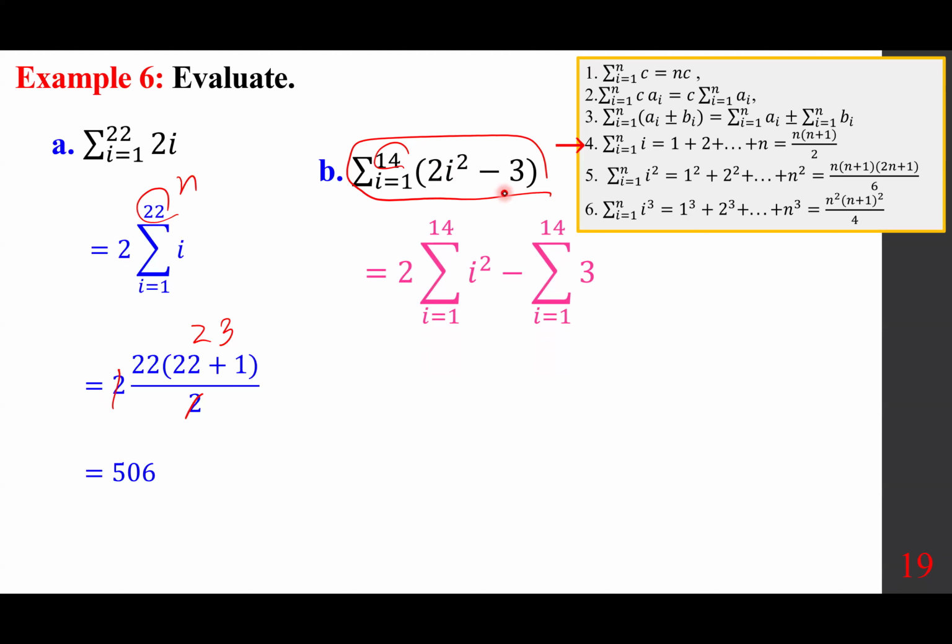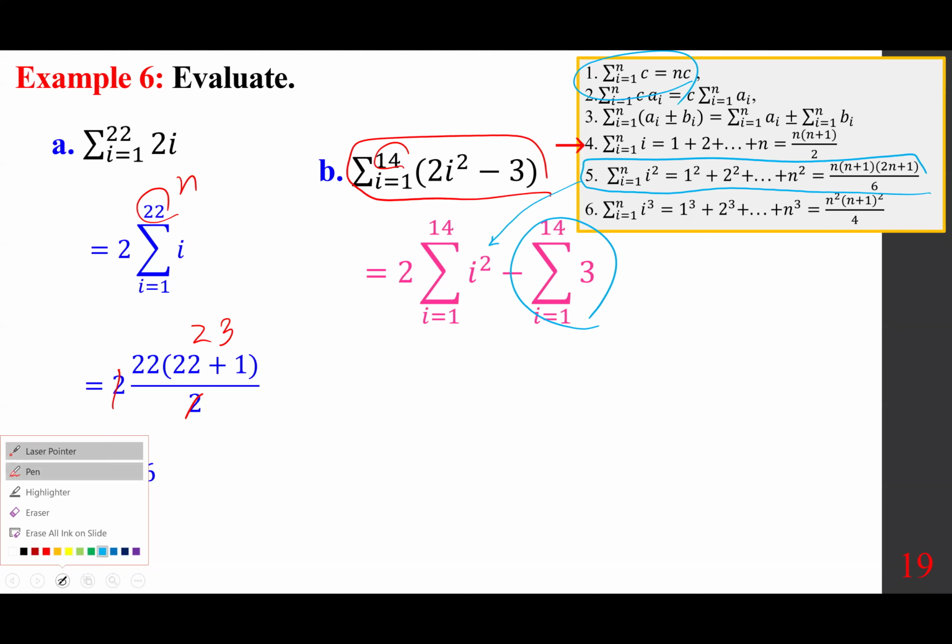And so for I squared, we will use this one. And for this one, we use this one.